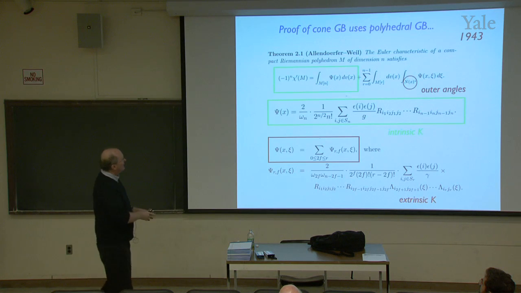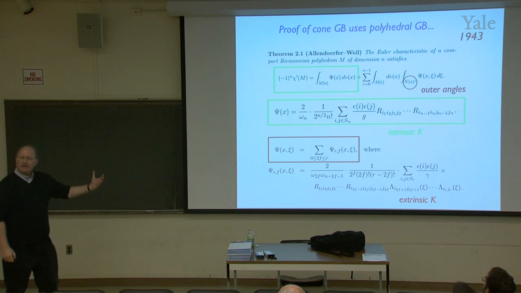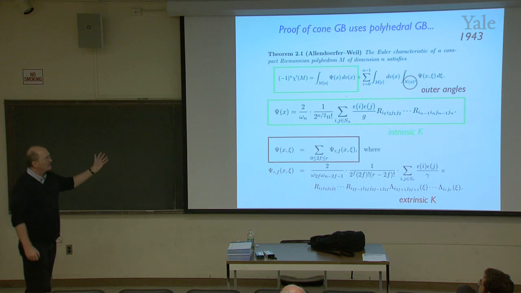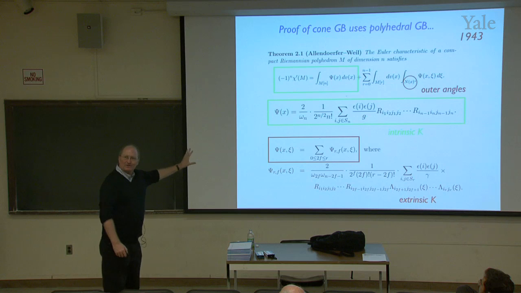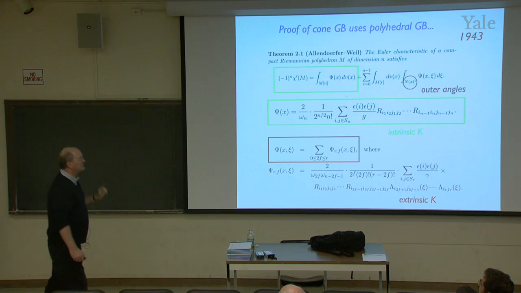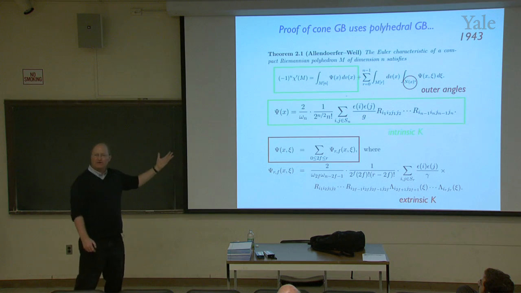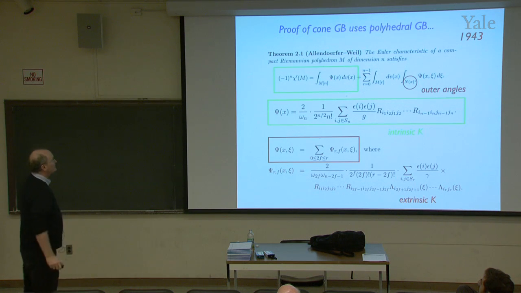And so along the way, they proved this beautiful theorem for polyhedra. A year or two later, Chern gave his beautiful intrinsic proof, which has nothing to do with embeddings into Euclidean space and doesn't involve any chopping. And this result was largely forgotten, as far as I can tell, looking in Math Reviews at the number of times it was cited. But it's exactly what you need to prove Gauss-Bonnet for a cone manifold, because what you want to do is cut your cone manifold into pieces, into polyhedra, where the facets of the polyhedra run along these different strata.